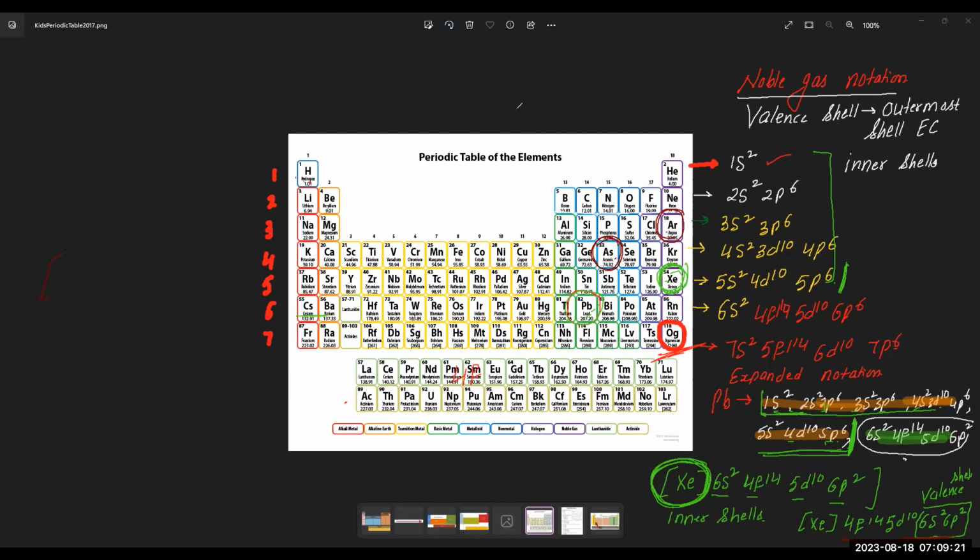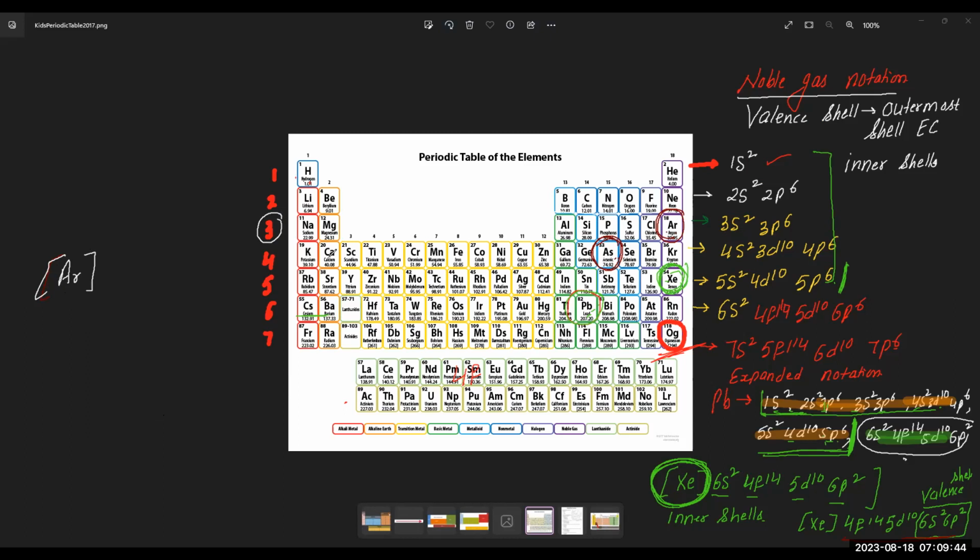So put argon first in square brackets. If arsenic is in period number 4, what's the noble gas after period number 3? Argon. So that will come here in square brackets.